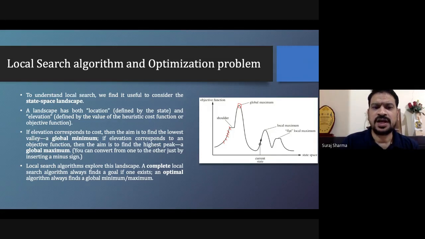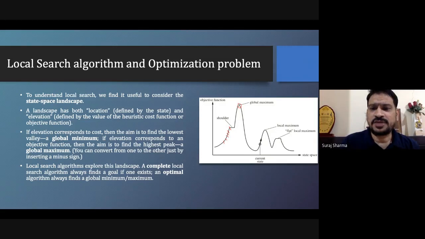The lowest value is the global maxima. This is our objective, to find the global maxima, where we achieve the greatest objective function. If the objective is to find the least cost, this is my least cost point, where we get the greatest objective function.